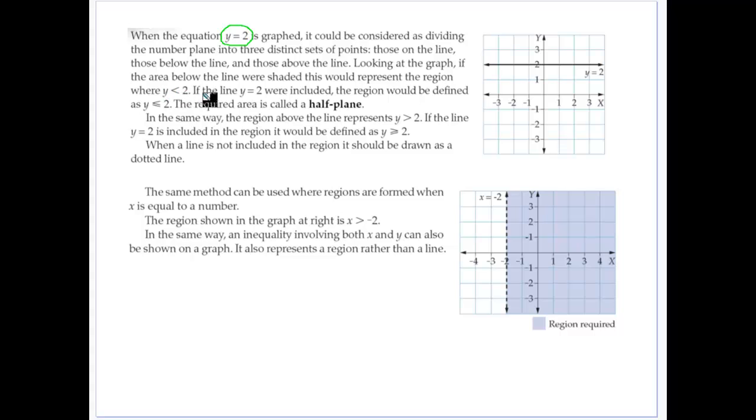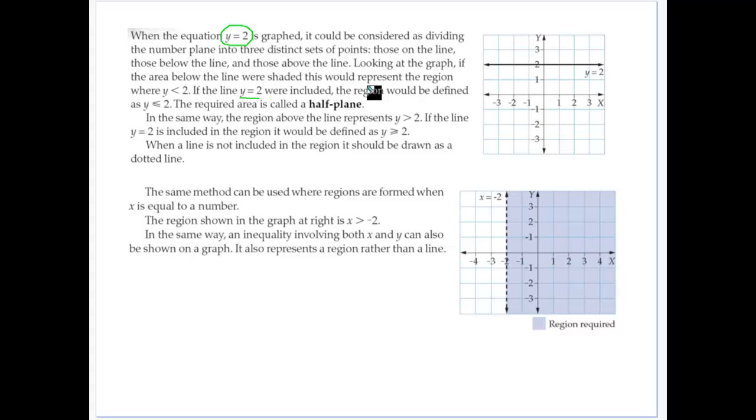And we ignore the sign to start off with and look at the line that would be created. Or later on, parabola or hyperbola or whatever we could get. But all these ones are going to be about lines. So we look at that and look at the relationship. So we take y is equal to 2 and we would graph that first.